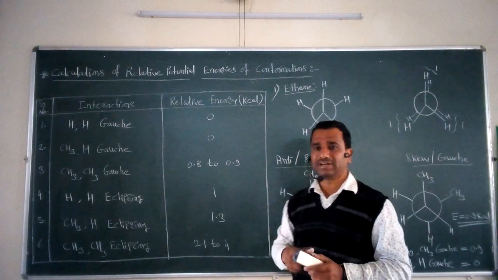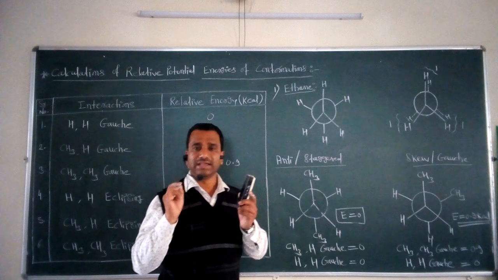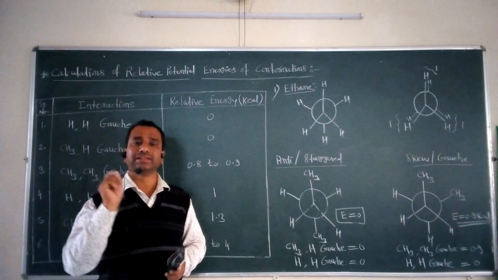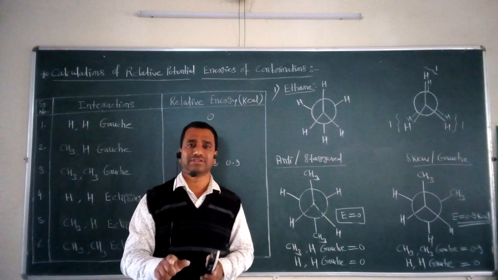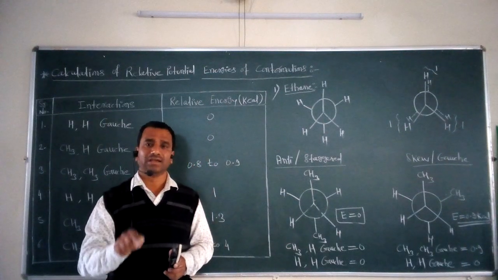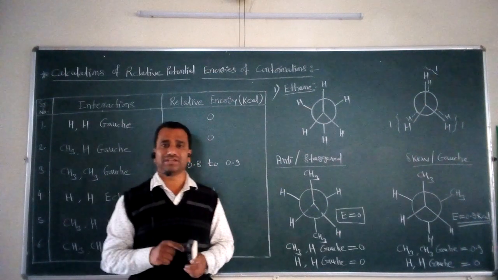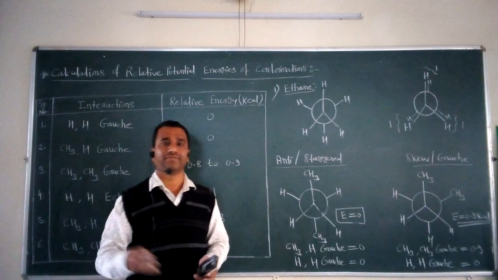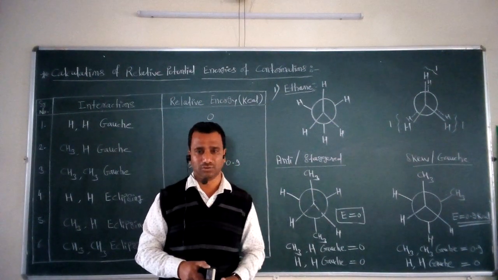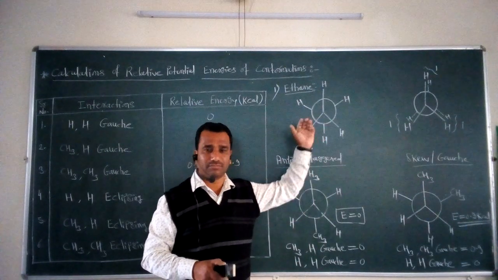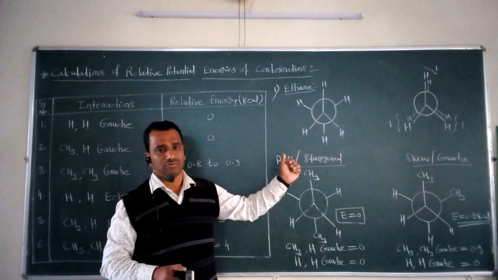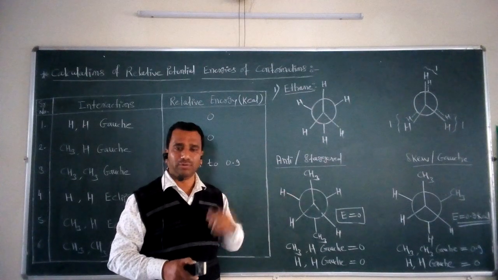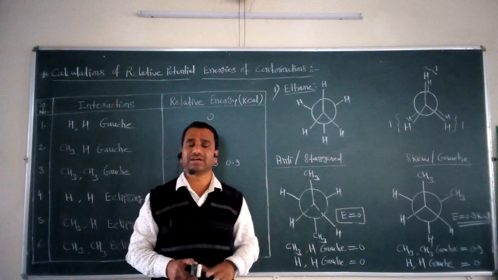If we use this tabular data, it is very easy to calculate the relative potential energy for any conformation of a given molecule, and once we know it, we may comment upon the relative stability of the different conformations of the molecule. So these are the two different compounds, one is ethane and the second is N-butane, and they have different types of conformations.